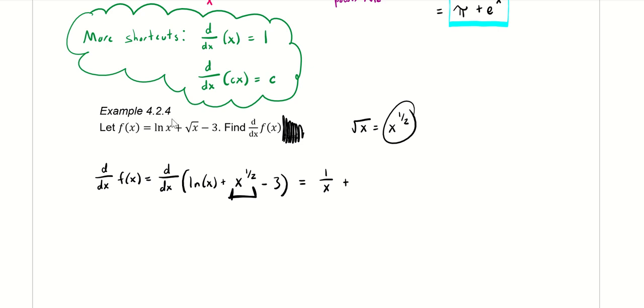So I've got plus, then I'm going to use my power rule here. I'm going to drop the 1/2 to the front, times x to the 1/2 minus 1. That's the power rule. And then I've got minus 3. What's the derivative of a constant on its own? The derivative of a constant on its own is just 0.